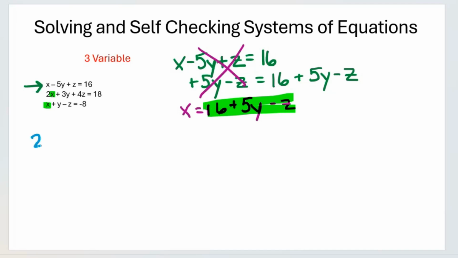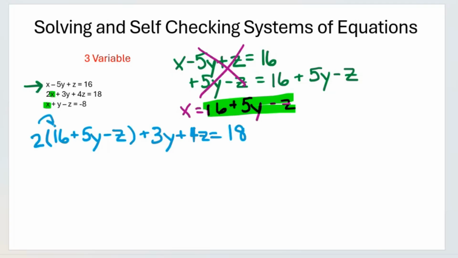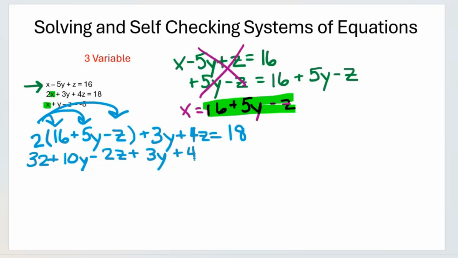Instead of writing x, 2 times 16 plus 5y minus z, plus 3y plus 4z equals 18. I'm going to do my distribution. 32 plus 10y minus 2z plus 3y, bring everything else down, plus 4z, still equaling 18.